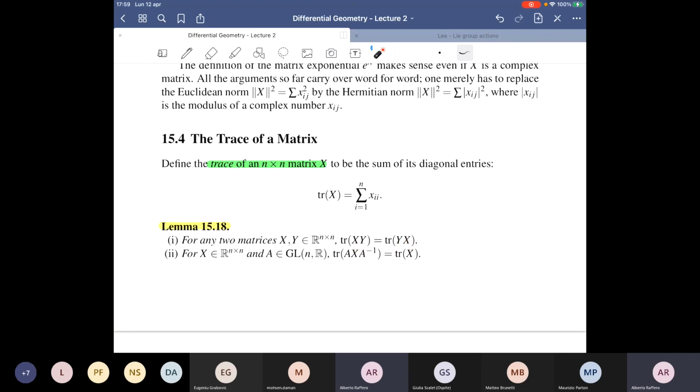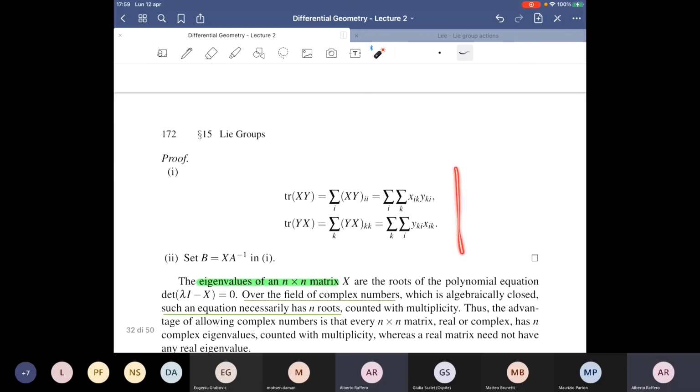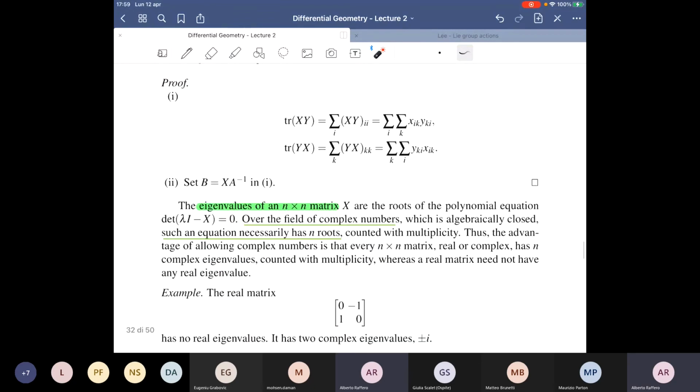And moreover, if you consider the trace of a matrix of this form, where A is an invertible matrix, then the trace is the same as the trace of the matrix you started with. So these are common properties of the trace of a square matrix. And here there is a proof, which is really simple. It's just a computation in coordinates.